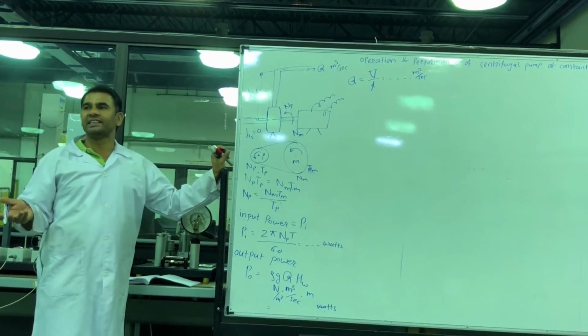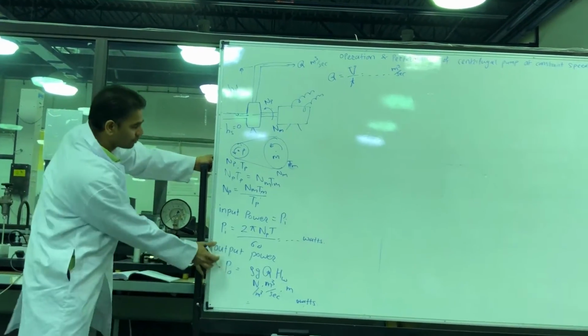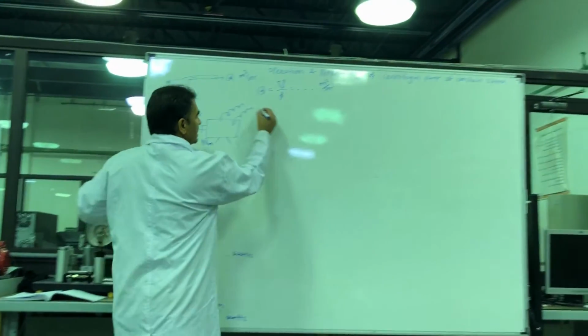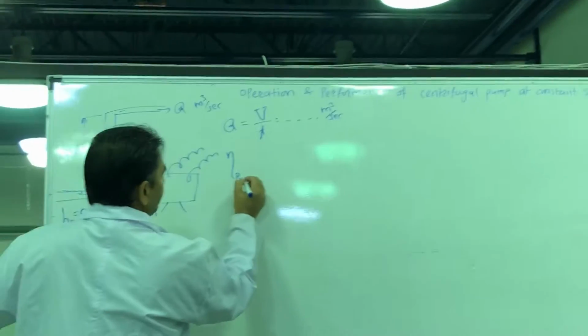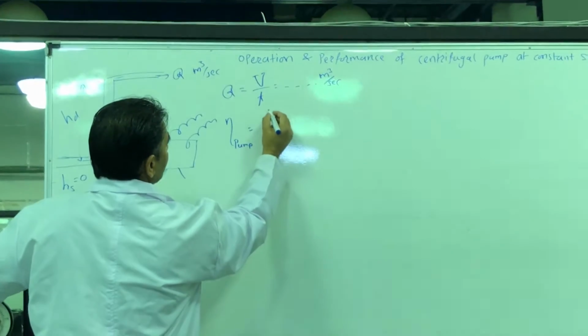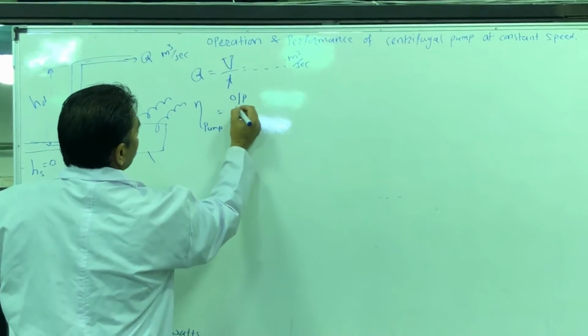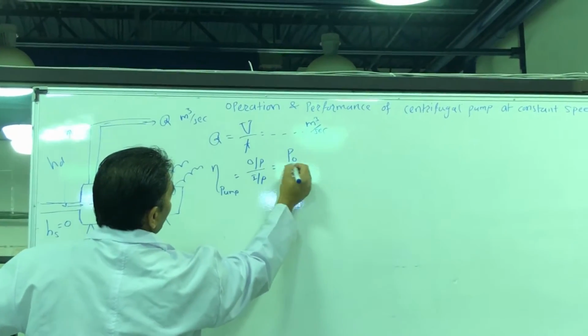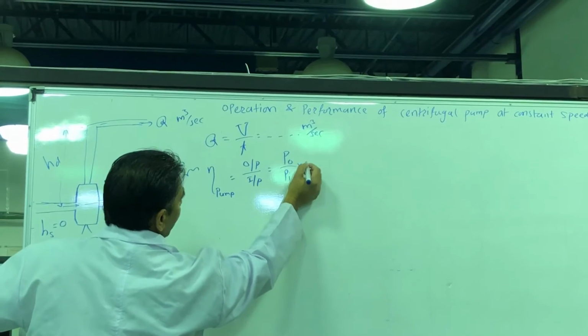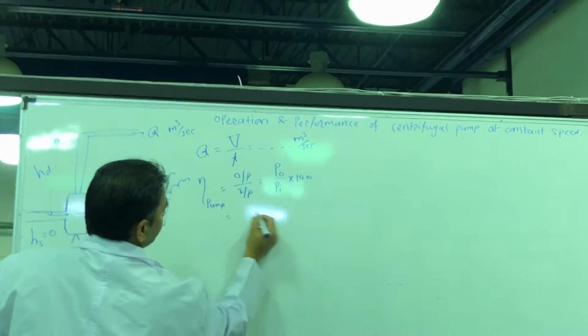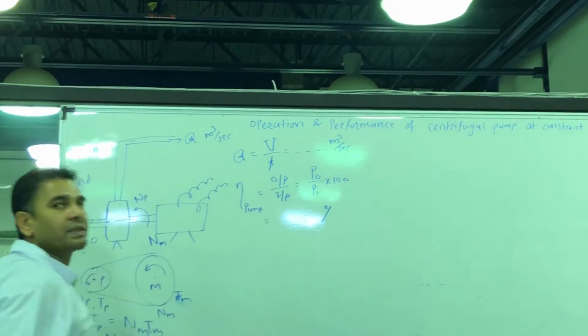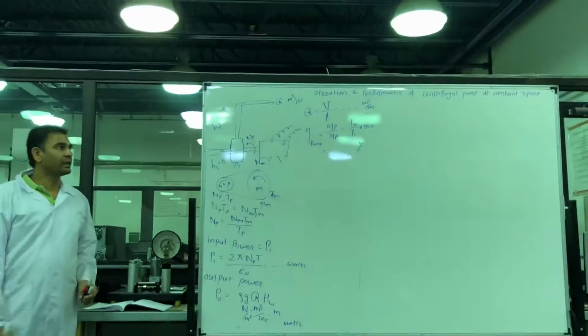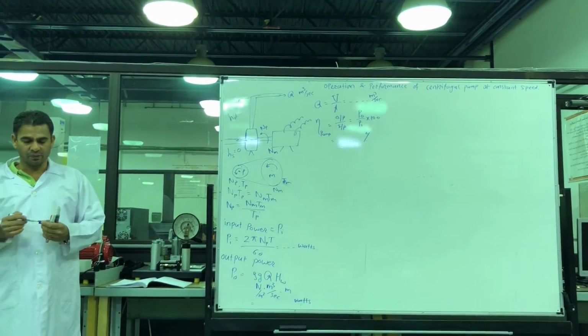We always know efficiency is output by input. So the efficiency of the pump is PO over PI into 100 for percentage. So these are the formulas required.